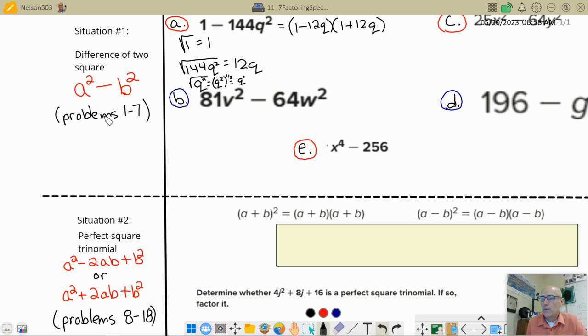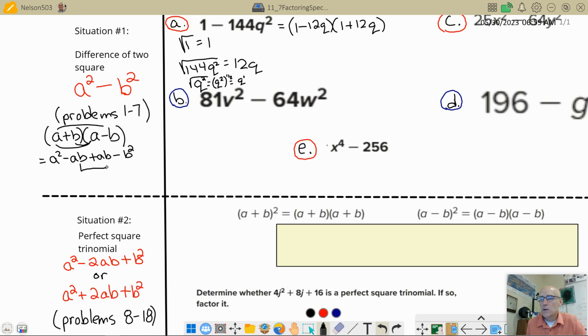that came from two factors that look like this, a plus b times a minus b. Why does that work? Because when you do the first, you get a squared. When you do the outsides, you get minus a times b. When you do the insides, you get plus a times b. I'm putting that in alphabetical order. You might say, wait a minute, Nelson, it's b times a. But b times a is the same thing as a times b. And then b times b over here gives us a negative b squared, because there's a minus sign here, plus sign over there, right?